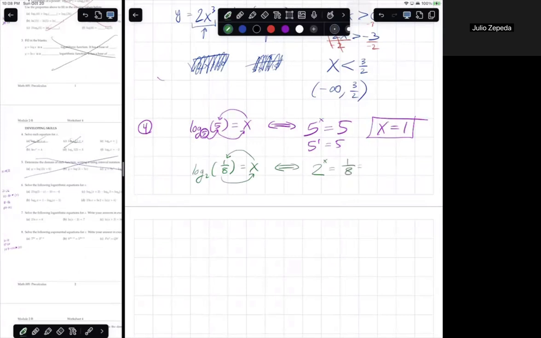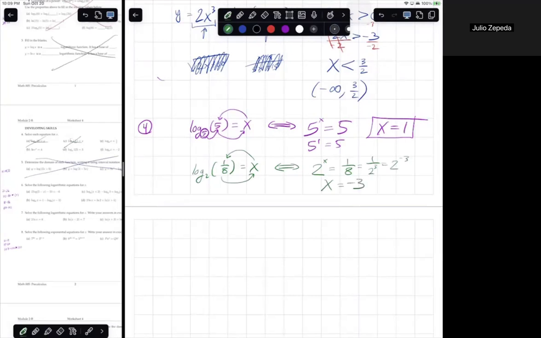Remember that 1/8 is 1 over 2 to the third, which we can rewrite as 2 to the negative 3. That tells you the answer: x, the exponent you need on 2 to get 1/8, is negative 3.